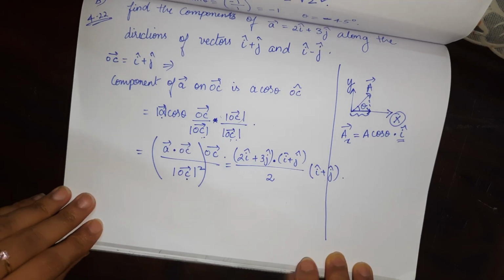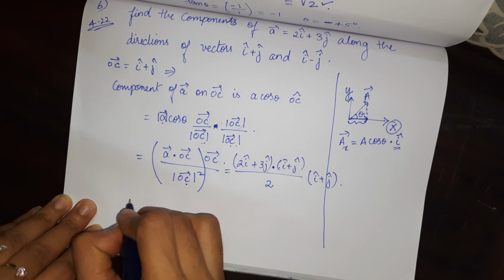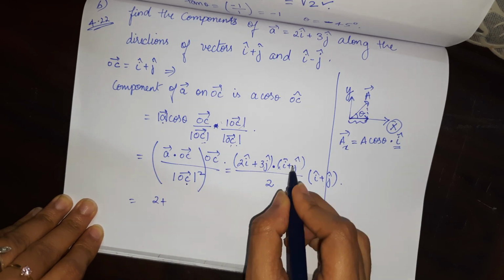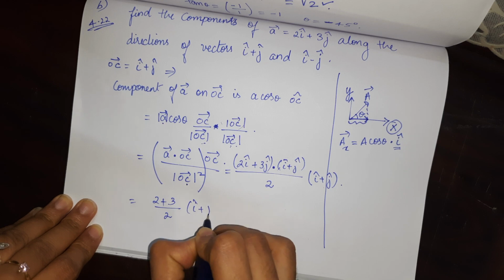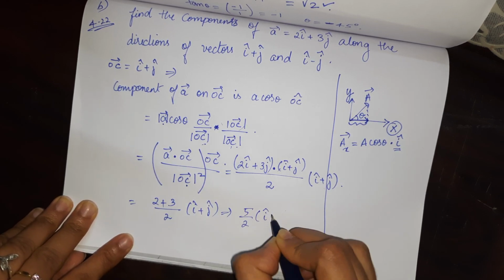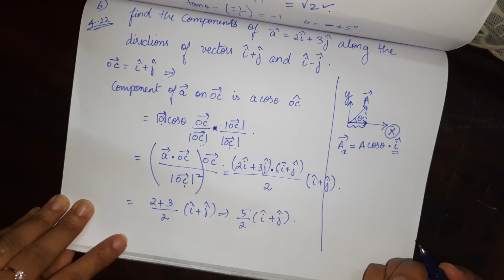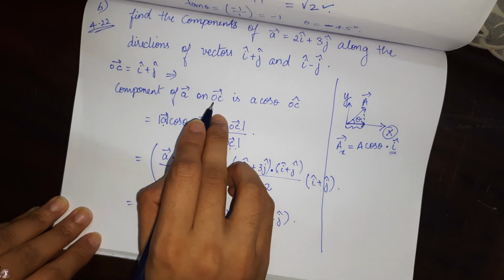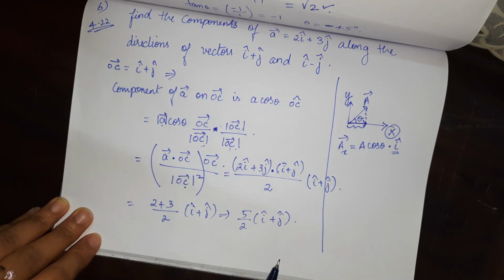Now you do the dot product: 2 into 1 is 2, plus 3 into 1 is 3, divided by 2, into i cap plus j cap. So your answer will be 5 by 2 in the direction of i cap plus j cap. So the component of A along OC is equal to this. This will be your answer.